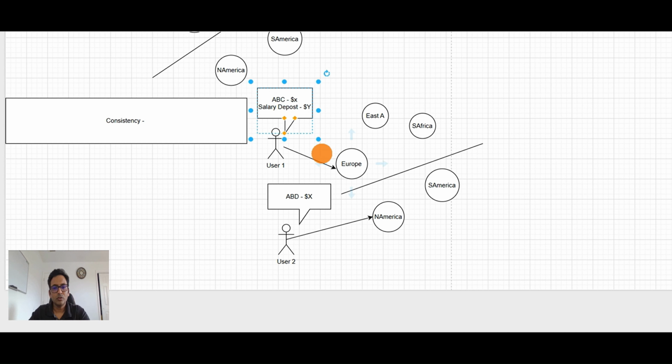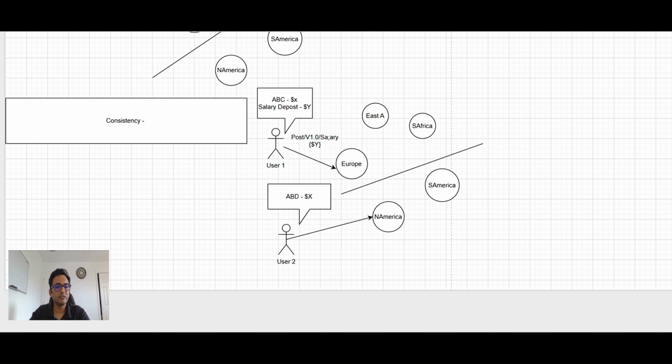The transaction goes through and gets reflected on the servers of Europe, East Asia, and South Africa.